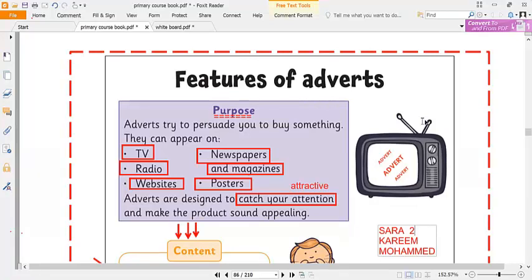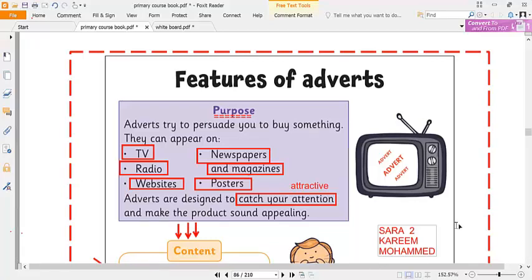Yalla Muhammad. Okay. Bright colors, attractive layout, picture of the product, how to buy, special offers, customer reviews, facts about the product. Yes. Thank you, Kareem.